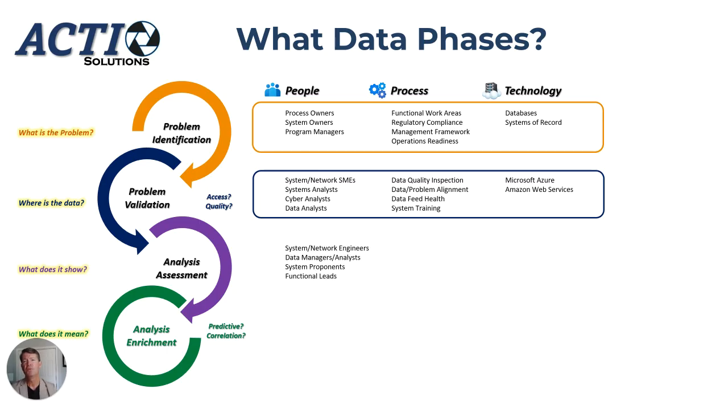So let's go down to analysis assessment, into that third stage. This is where your system and network engineers are going to come into play again, because now you're moving data, getting the data into the right hands so that the analysis can be conducted. And this is where you're going to be reporting through the data managers and the analysts.